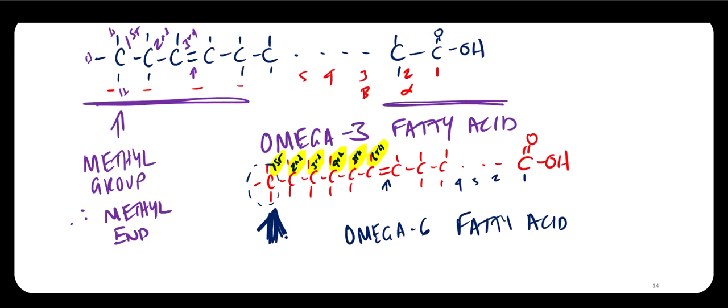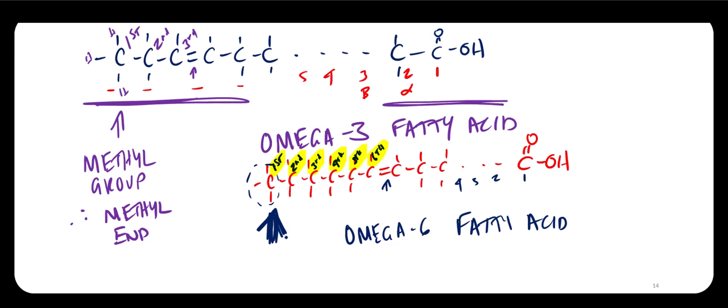So everything's 2 carbons at a time. The other rule we have is that double bonds can be no more than or no less than 3 carbons apart. That gets really important for knowing what's going on. So they can't be any more than, they can't be any less than 3 carbons apart. So that will matter a little bit later.